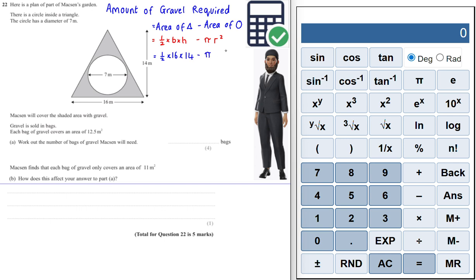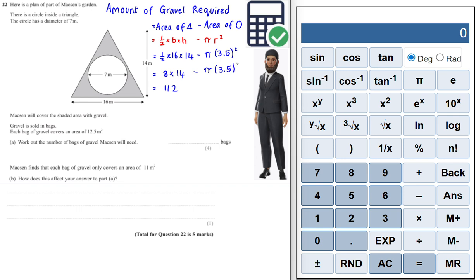The diameter is 7, so the radius is going to work out to be 3.5 squared. A half of 16 is 8. 8 times 14 will give us 80 plus 32, which will give us 112, minus pi multiplied by 3.5 squared.